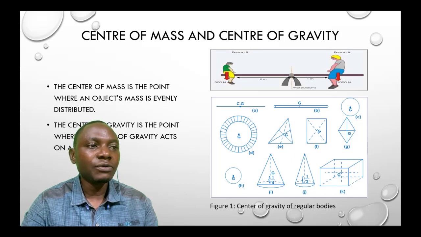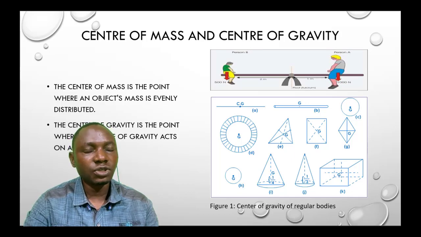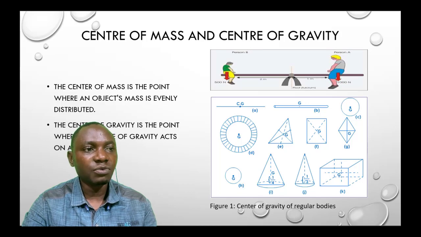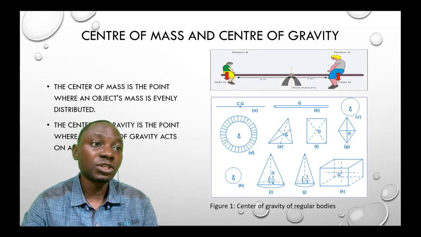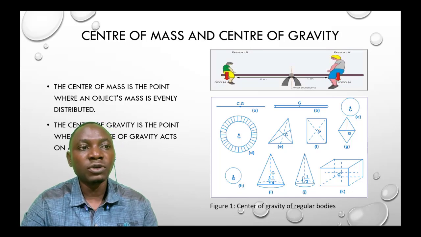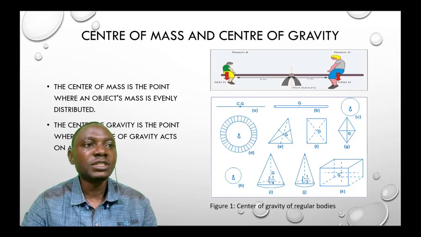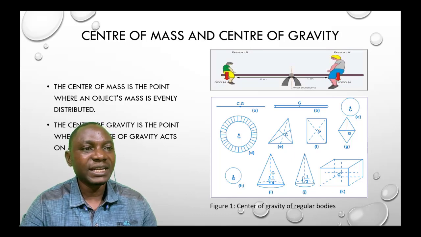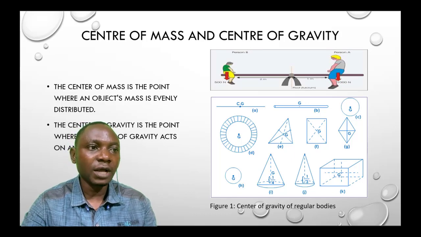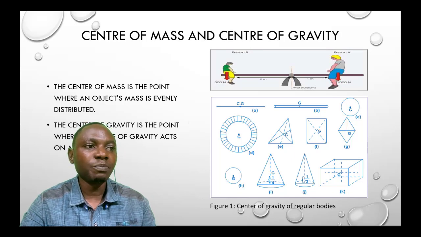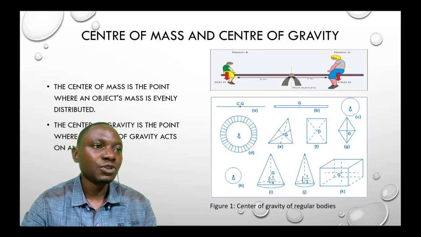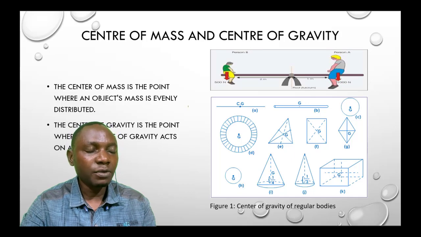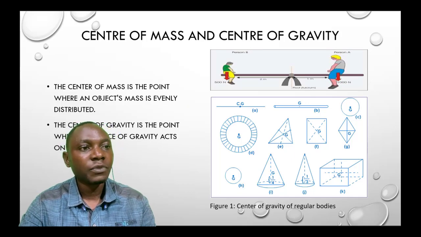If you balance that ruler on your finger and it remains stable, we say it is at a state of equilibrium. The point where it balances is called the center of mass. This is because the ruler's mass is evenly distributed along its length, so at both end points, it is balanced. That is how we are able to identify center of mass.